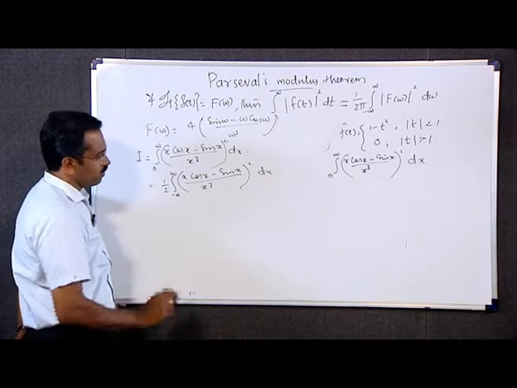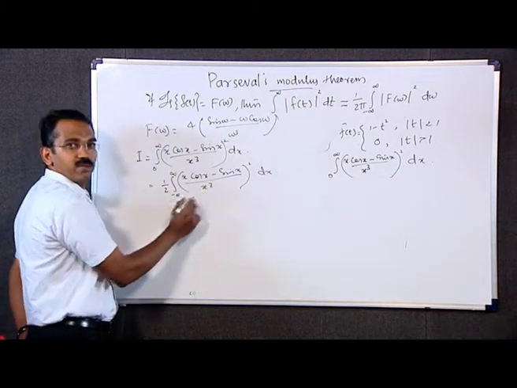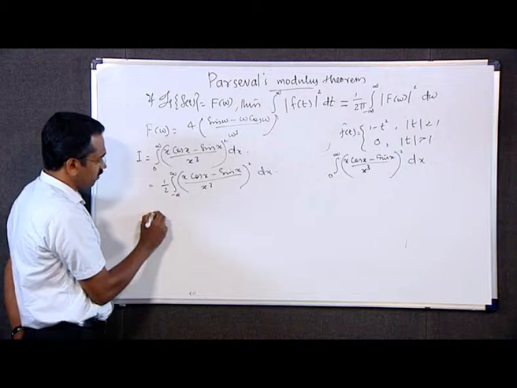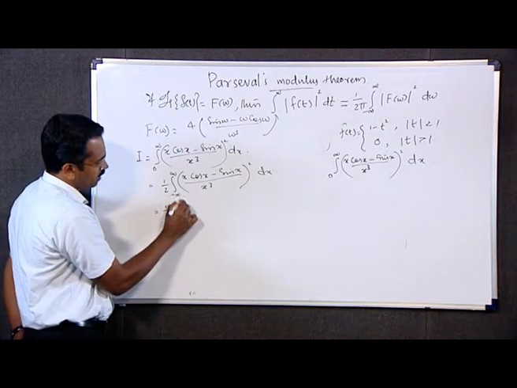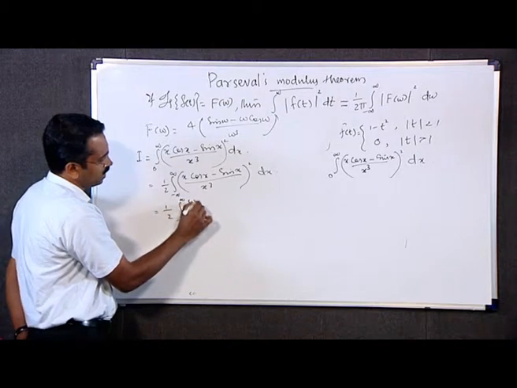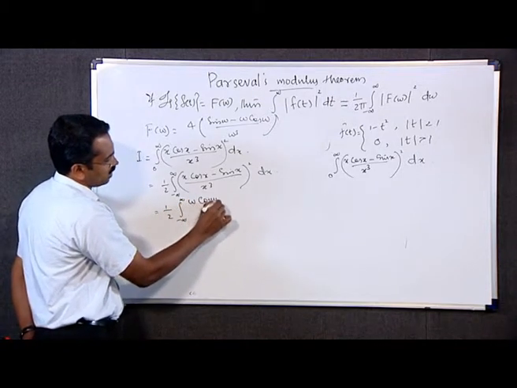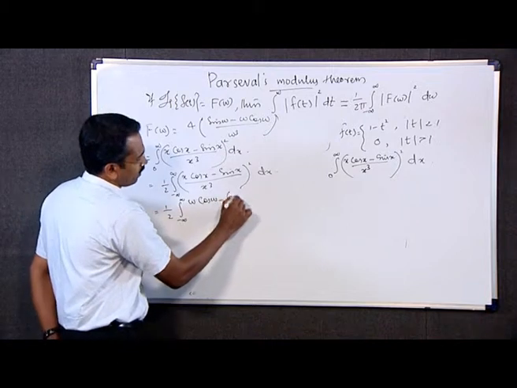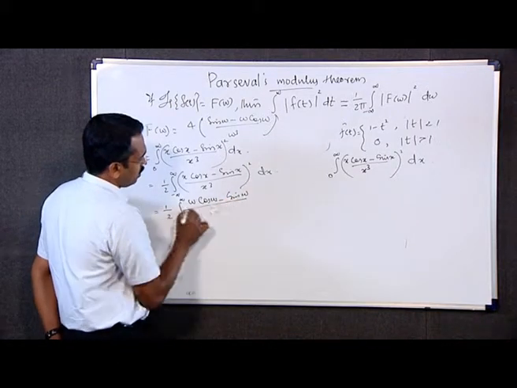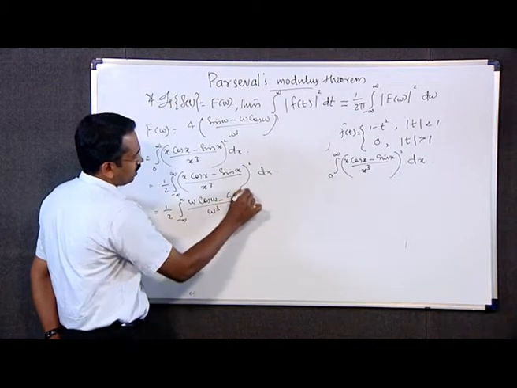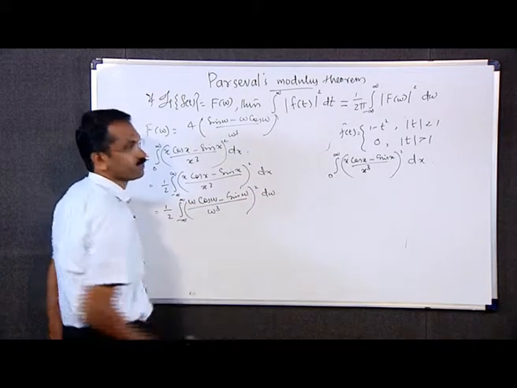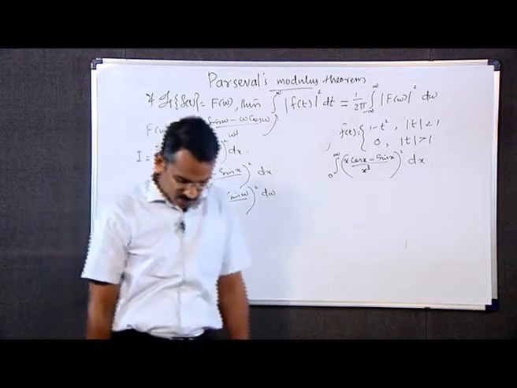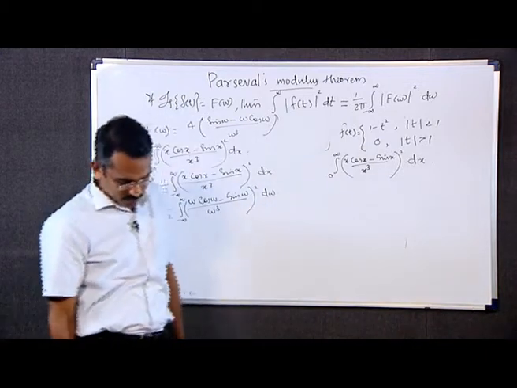Now we change the dummy variable x into omega. We can write this as 1 by 2 into integral from minus infinity to infinity of ((omega cos omega minus sin omega) divided by omega cube) the whole square d omega, by changing the variable x into omega.